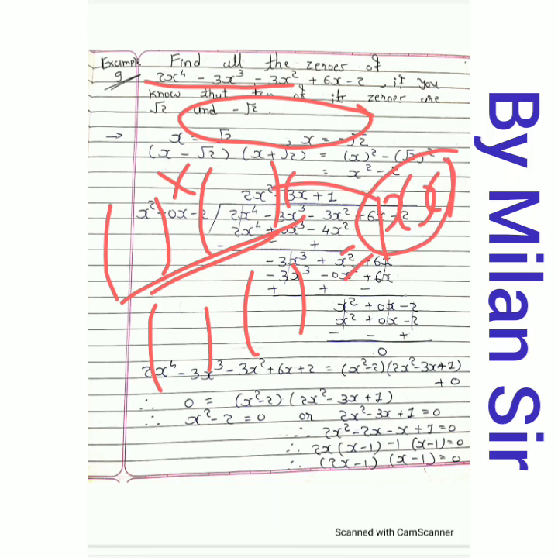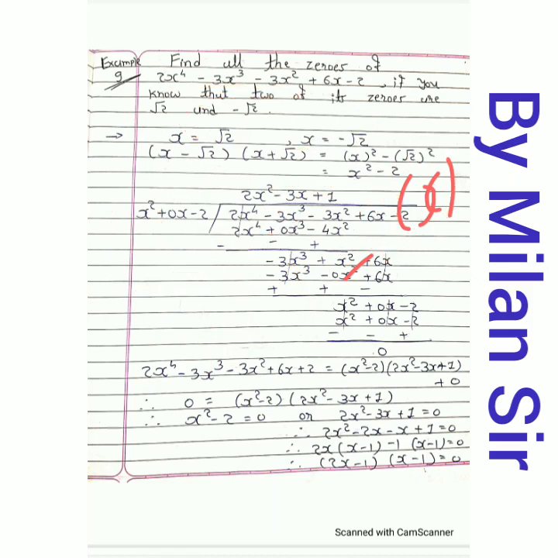So we can get one polynomial, and if we factorize that polynomial we can get our other two zeros. So x equals √2, x equals minus √2. Okay, because zeros means the value of x for which p of x becomes 0.